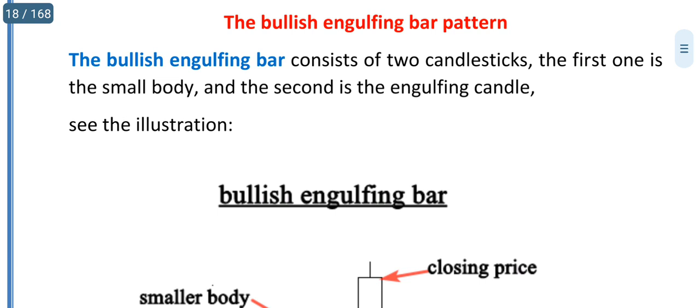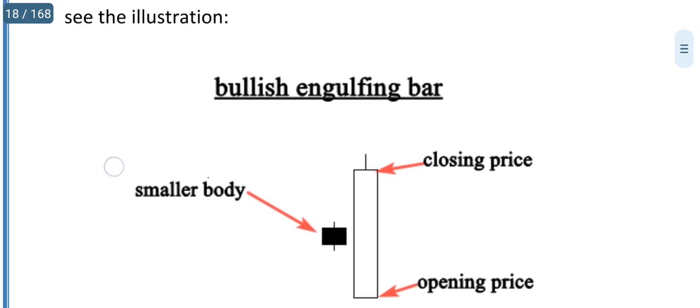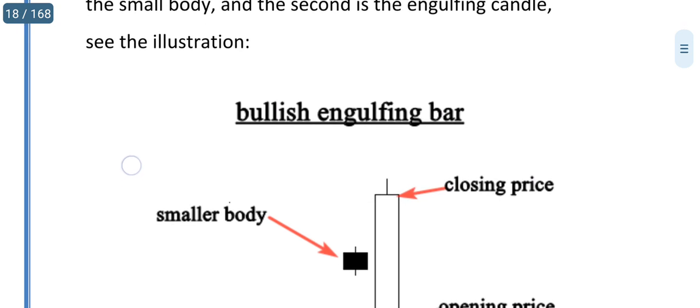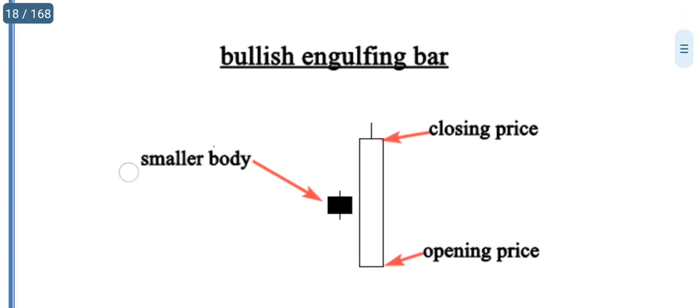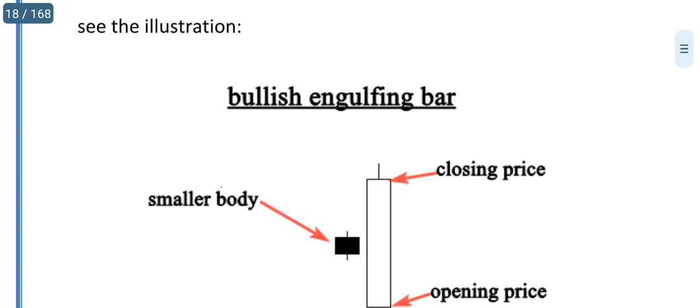The first one is the small body, and the second is the amplifying candle. You can see in the illustration below. This is the bullish amplifying bar. The first one was a bearish amplifying bar, and the second one is the bullish amplifying bar candlestick pattern.